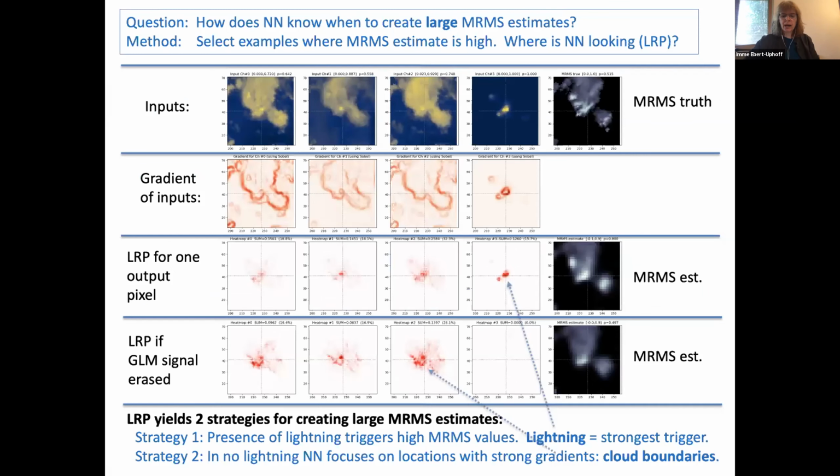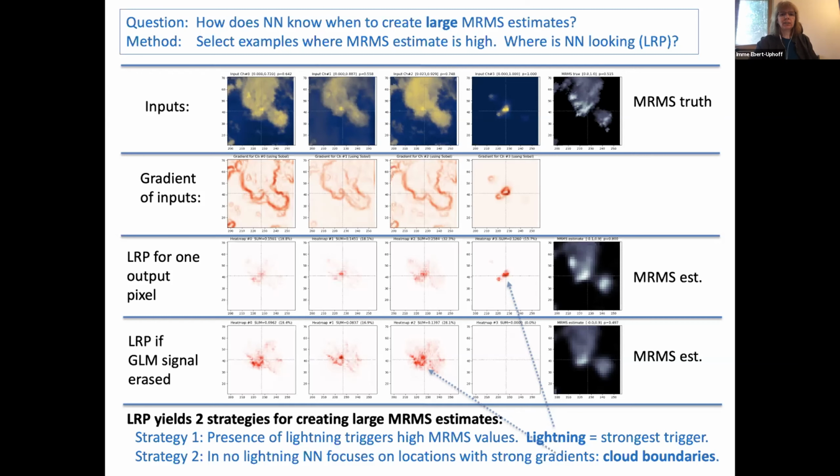And so the question we were asking was, okay, we're getting some reasonable results over here, but how is it actually doing this? The science question we asked is, how does the neural network know when to create, say, large MRMS estimates, large reflectivity values? So the method we used, and again, here's the Earth scientist who says, okay, let's design some experiments to see how the neural network is doing this.